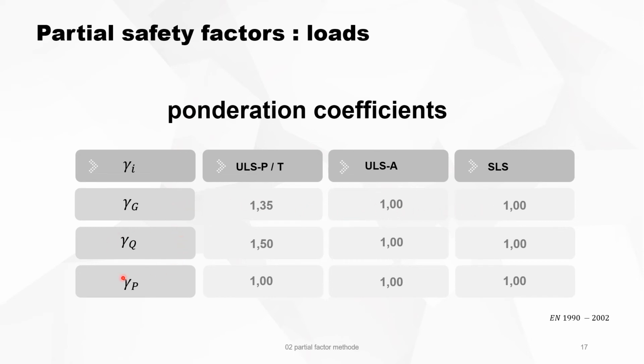Then the gamma Q, the ponderation coefficient for the mobile loads, is 1.5 in ULS A1, and for pre-stressing the coefficient is 1. In SLS, all coefficients are also 1. These are the ponderation coefficients of the loads.